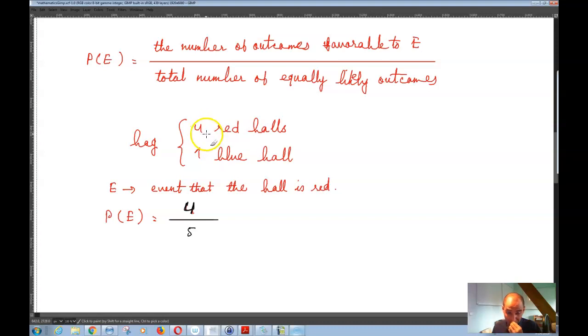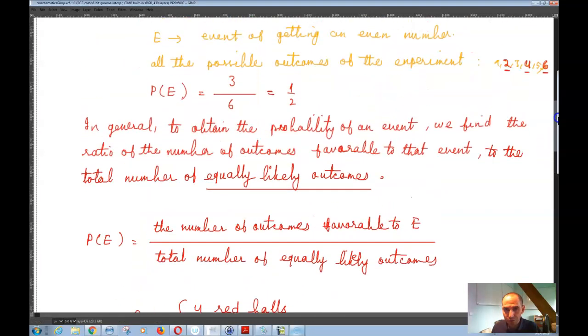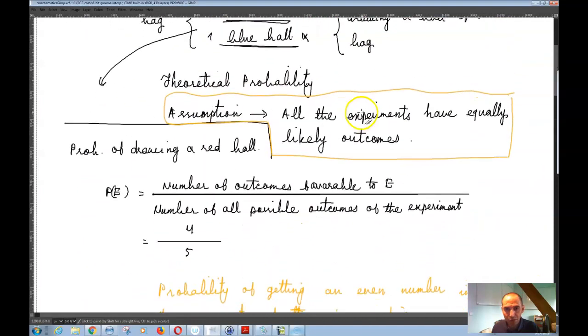That is the meaning of the assumption that we didn't understand earlier, that all the experiments have equally likely outcomes.